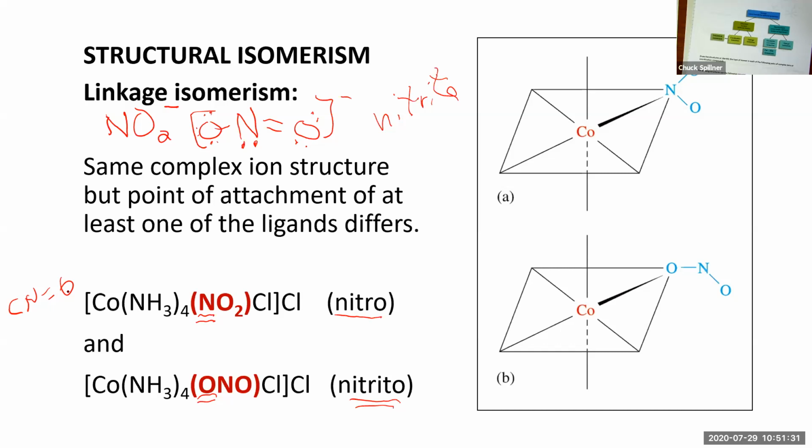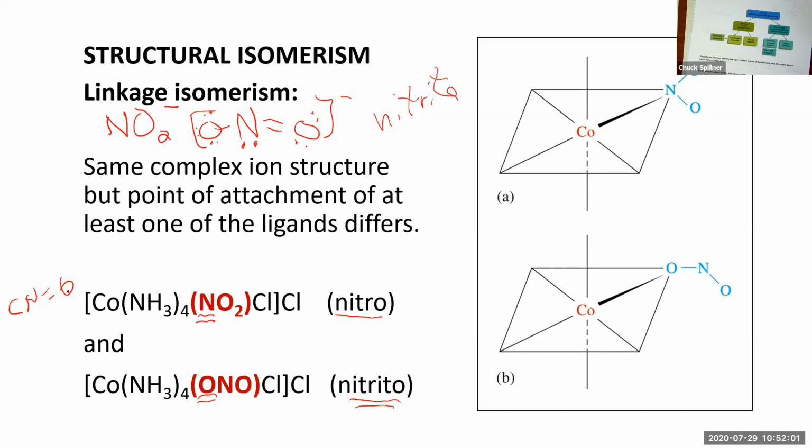In example A, that forms a coordinate covalent bond through the nitrogen. And that means when we name this compound, we call that a nitro. And in the second case, we have the nitrite forming a covalent bond through the oxygen, and that's called a nitrito. So if we name these, it would be tetraamine, and then chloro.